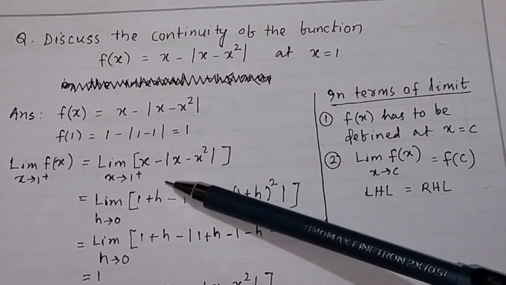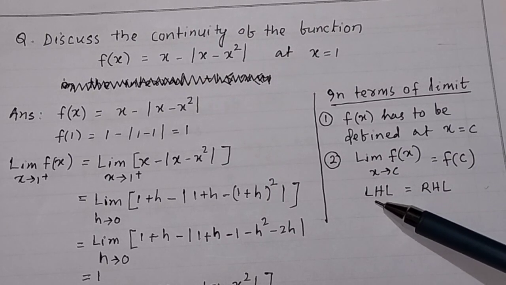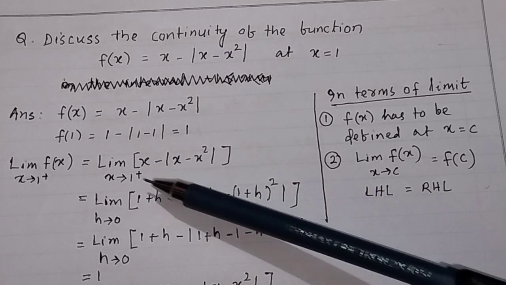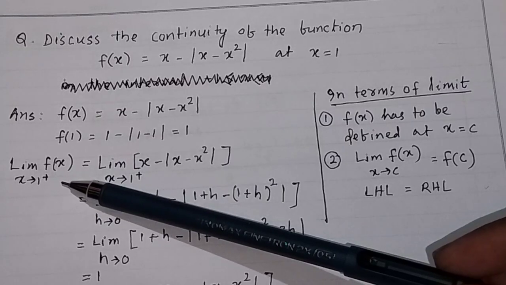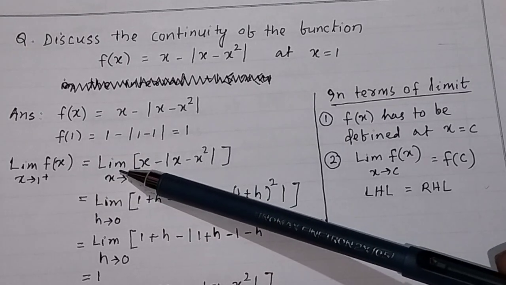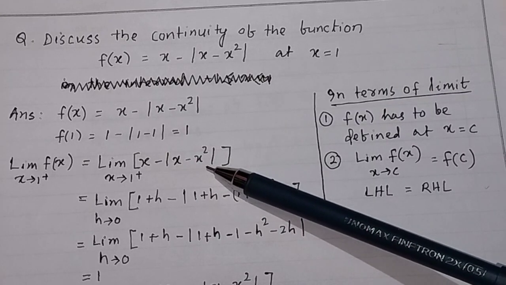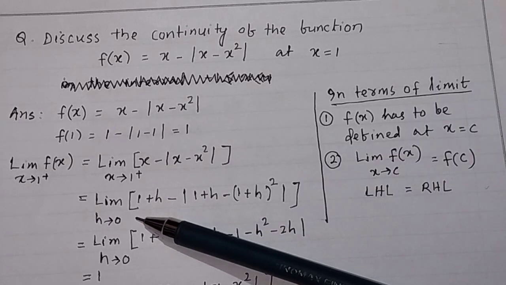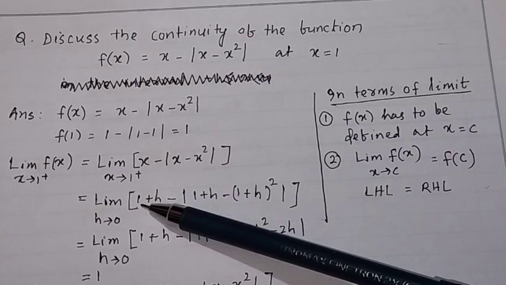Then let us check the right hand limit of the function. The right hand limit of the function is equal to the limit of f(x) as x approaches 1 plus, so the limit of x - |x| - x² as x approaches 1 plus.